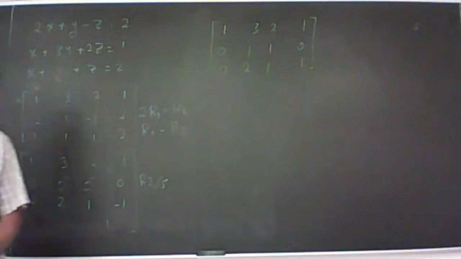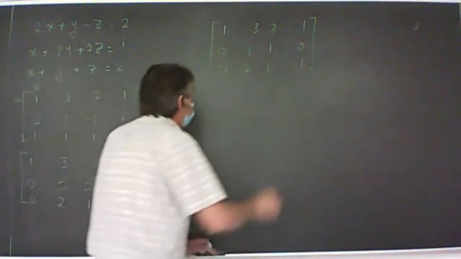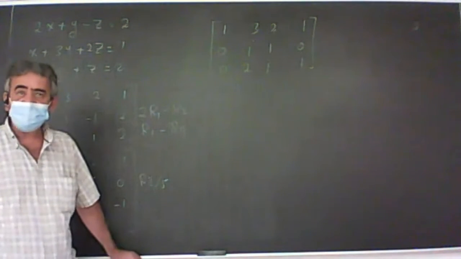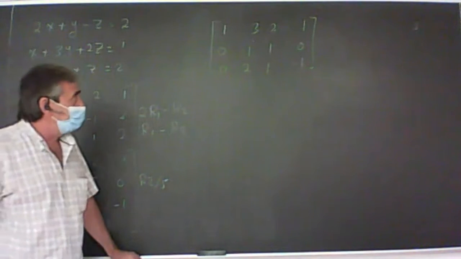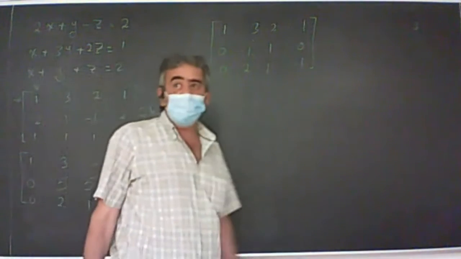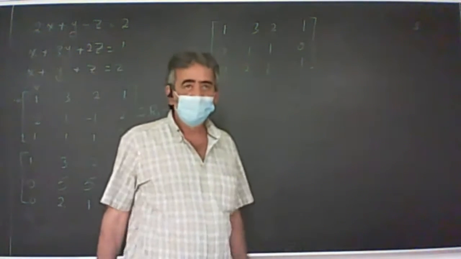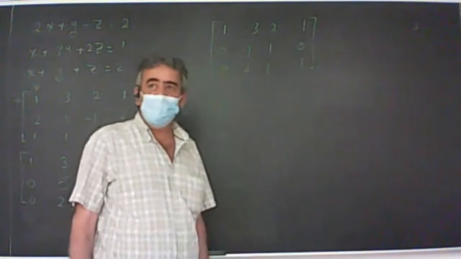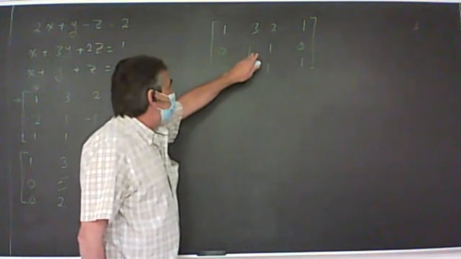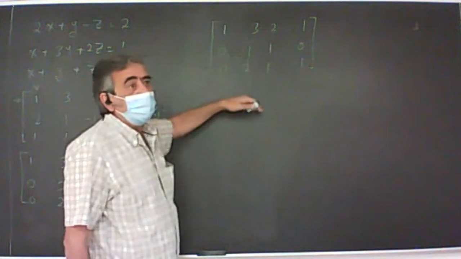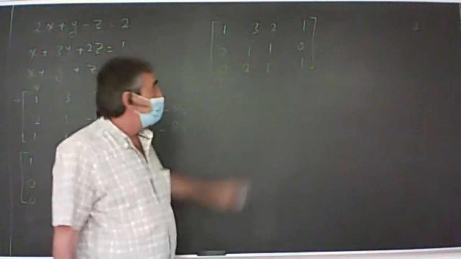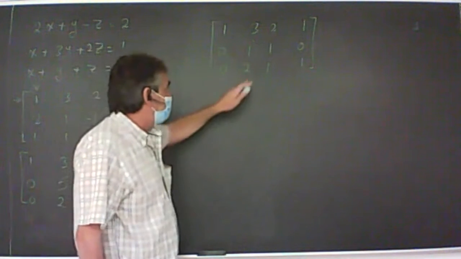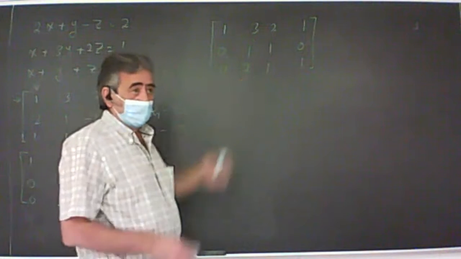Yes? Now, after I get this to be 1, I want to try to make everything else 0 in that column. Everything else. But I'm not going to do it all at once. I'm just going to do it one by one. If I make this 1, then I want to make everything underneath it to be 0, using this one. Okay? So how do I make this 0?